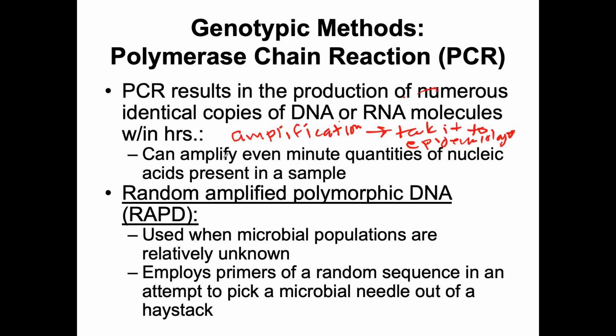Rapid PCR is used when the microbial population is unknown in a sample. Let's just say a sample from a river. And what we do is we use a whole bunch of different little pieces of DNA called primers that we manufacture on a machine that then are going to stick to the DNA that's in the sample at a particular spot.